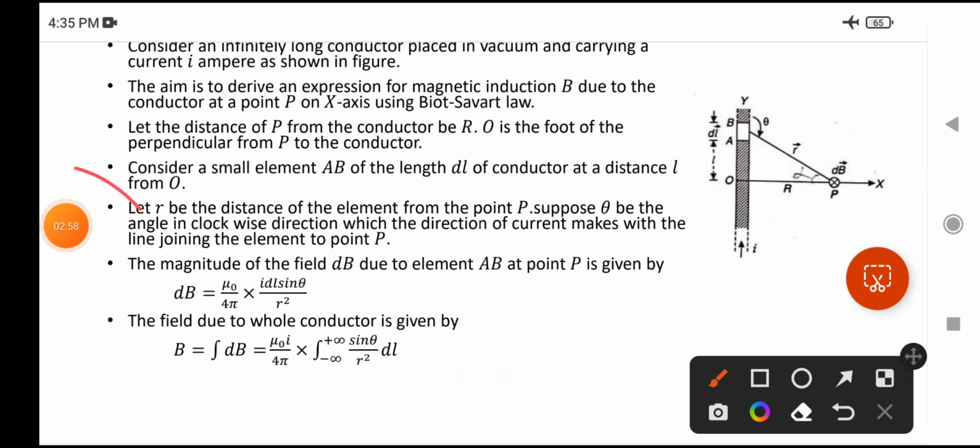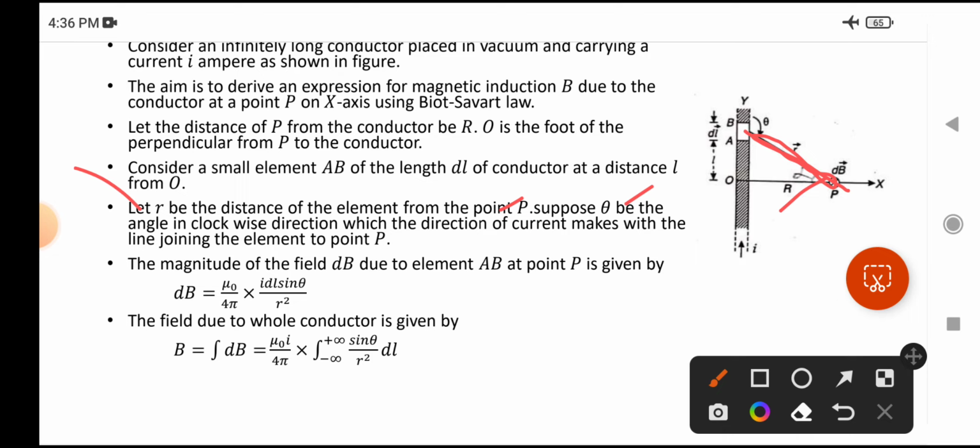Let r be the small r here. Capital R is already done, so now the small r is the distance of the element from point P. Suppose theta is the angle, in clockwise direction, which the direction of the current makes with the line joining the element to the point.